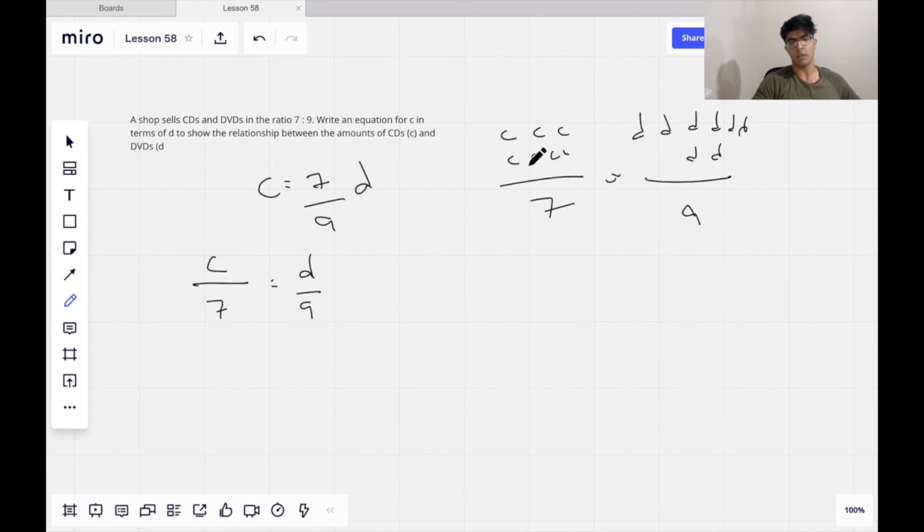But if there were 14 CDs, there would have to be 18 DVDs, so we multiply both sides by 2. That's the only way we get the 7 to 9 ratio. Again, if we divide 14 by 7 and 18 by 9, we get 2 equal to 2. So this is why the equation is true. And if we multiply both sides by 7, we get C equals 7 over 9 D. That's all there is to it.